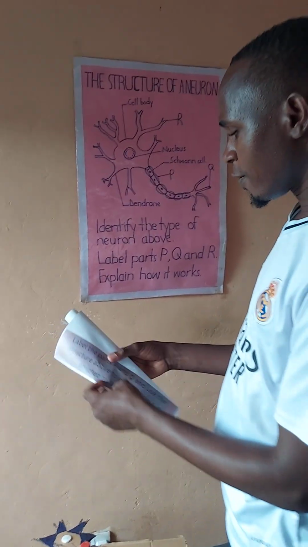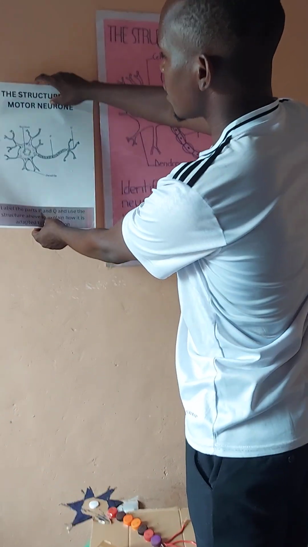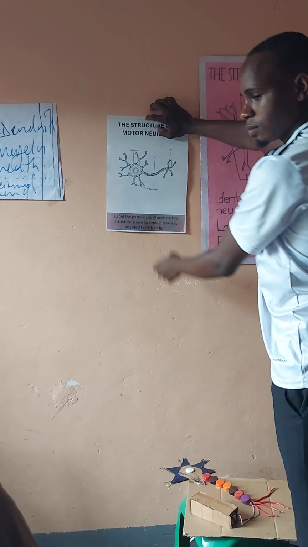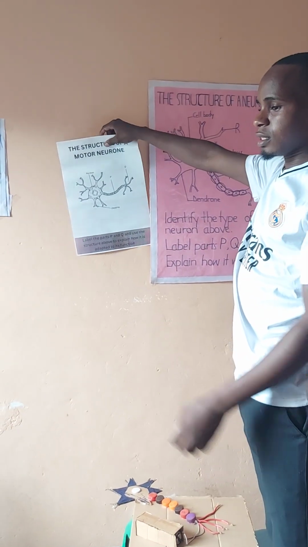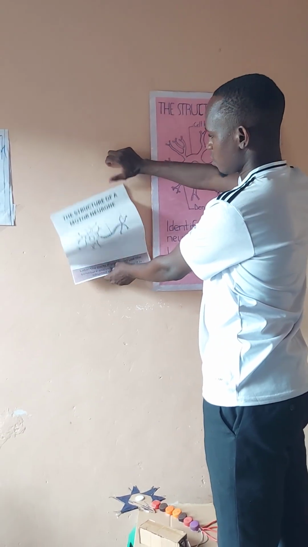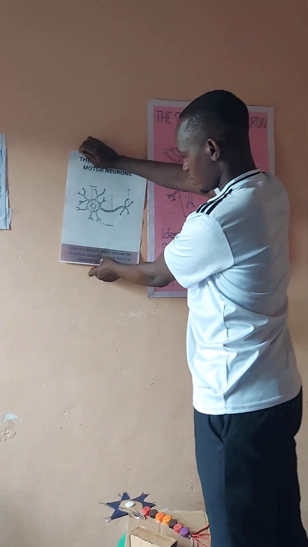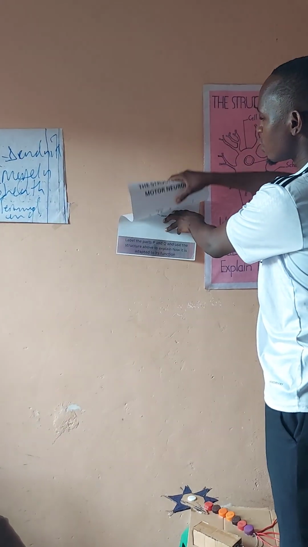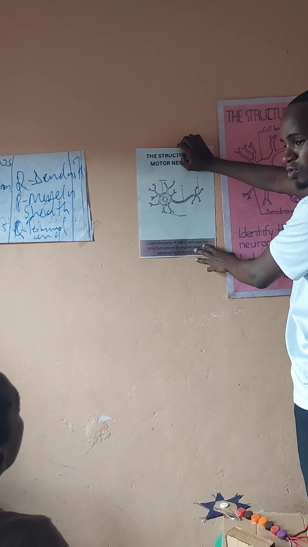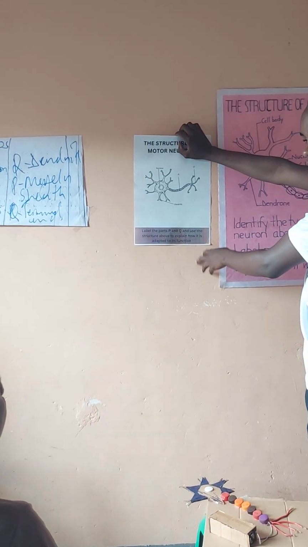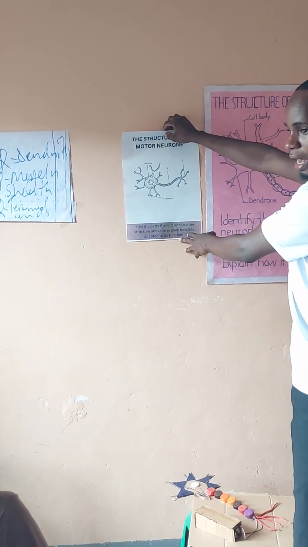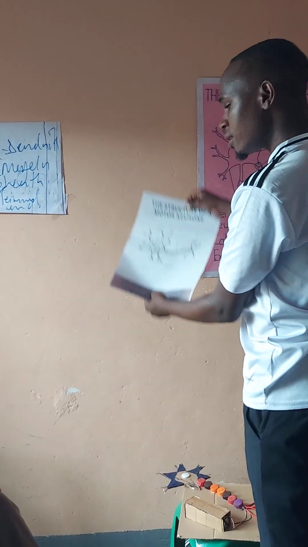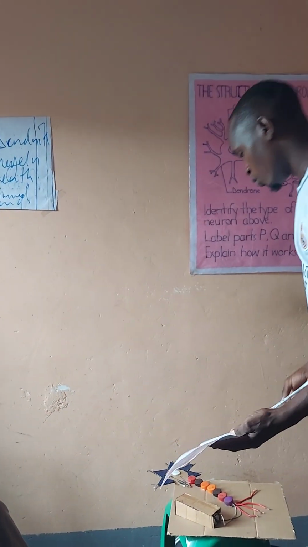How does it help the motor neuron to function? I think it helps the motor neuron to respond quickly to the impulses being generated and being transferred from one neuron to the other. Thank you for trying.